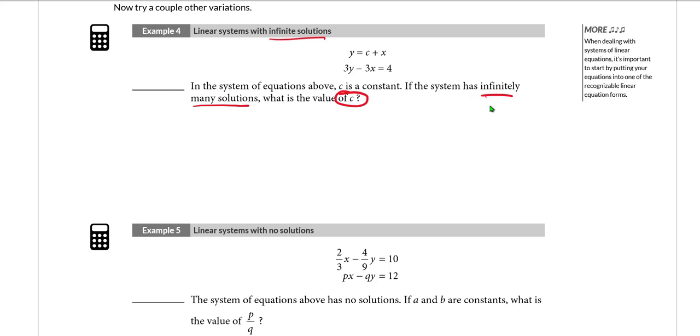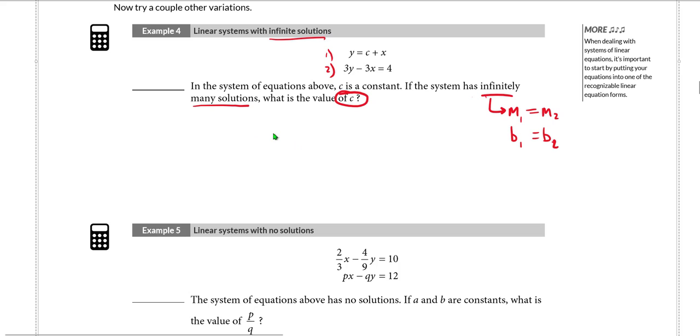So remember, when there are infinitely many solutions, that means the slope of one line has to equal the slope of the other line. It also means that the y-intercept of one line has to equal the y-intercept of the other line. So I'm going to label this line 1 and line 2 just so it's easier to talk about them. And now I am going to go about finding my slopes and my y-intercept.